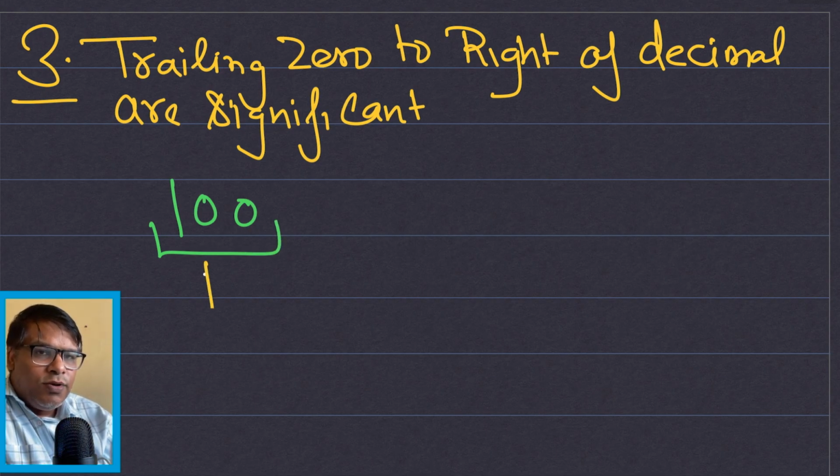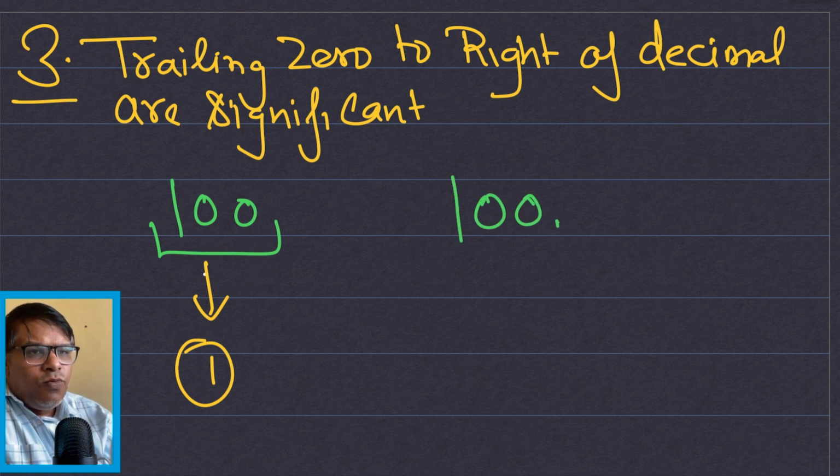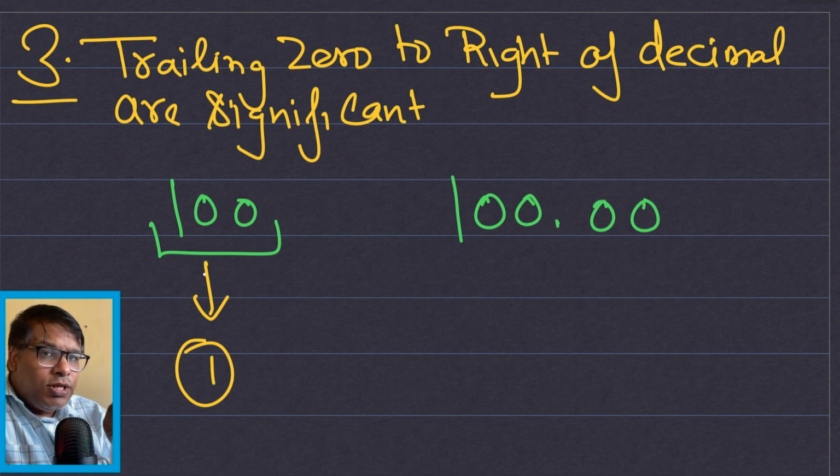These 0s are not significant. Only one number is significant here. But if you see 100.00, here try to see the rule: trailing 0 to the right of the decimal are significant.